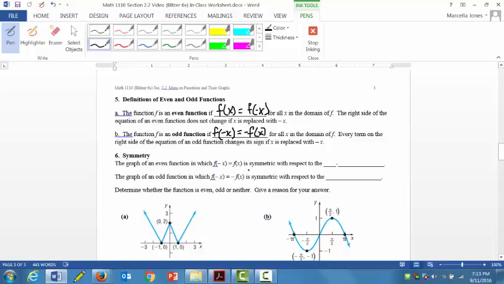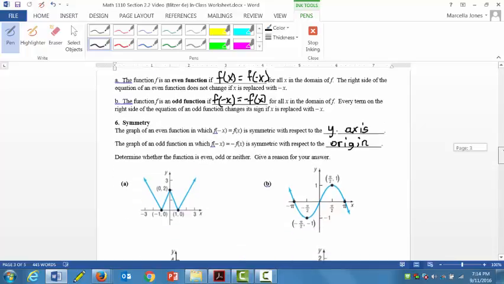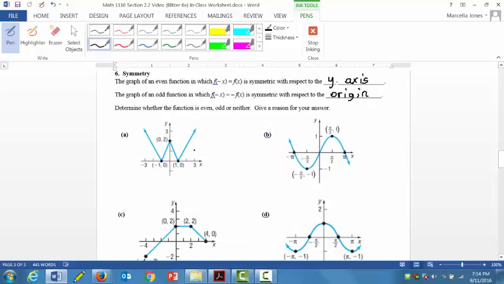An even function has f of negative x equal f of x and is symmetric with respect to the y-axis. An odd function, where f of negative x equals negative f of x, is symmetric with respect to the origin. So when we look at the graph of A, that's an even function. We have y-axis symmetry there. When we look at B, we have an odd function. We have origin symmetry.